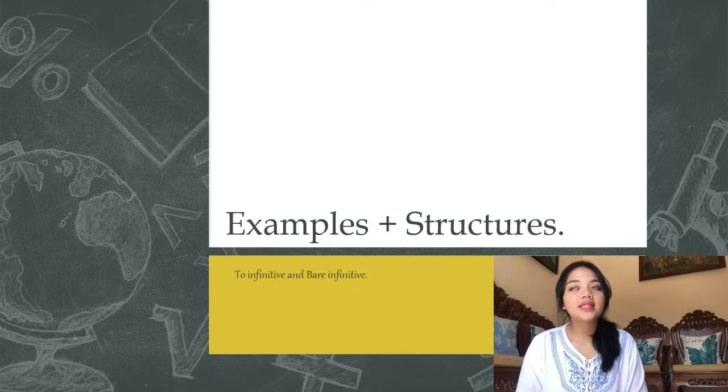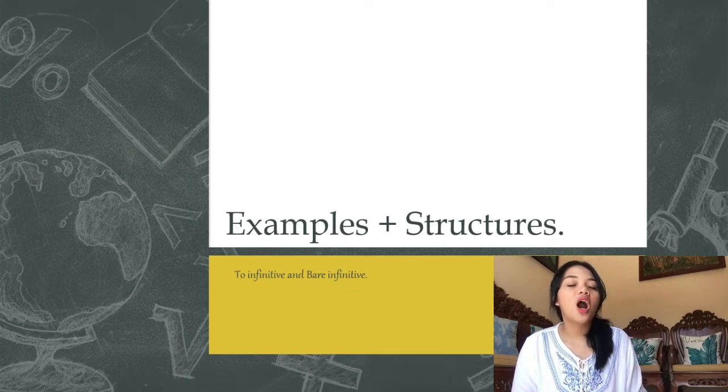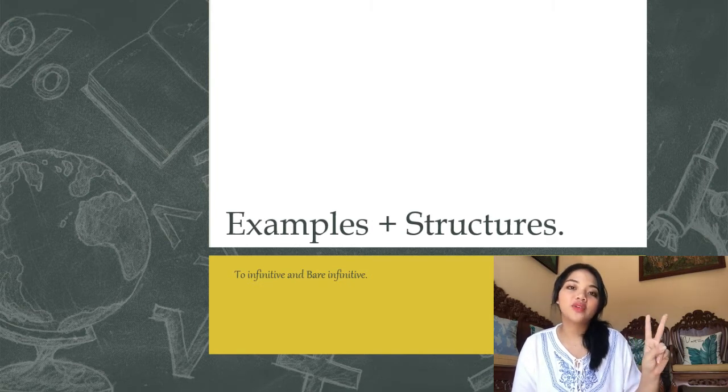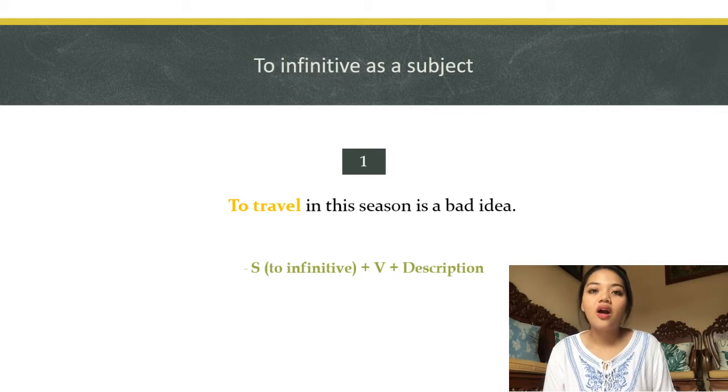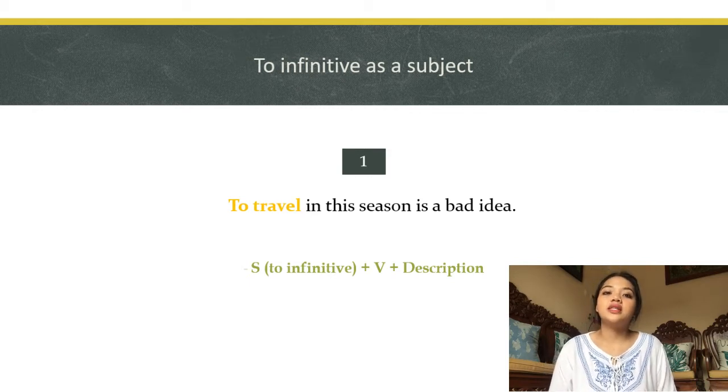Next, I will discuss examples of to infinitive and bare infinitive. Let's start with the first example of to infinitive. The first example is: To travel in this season is a bad idea.